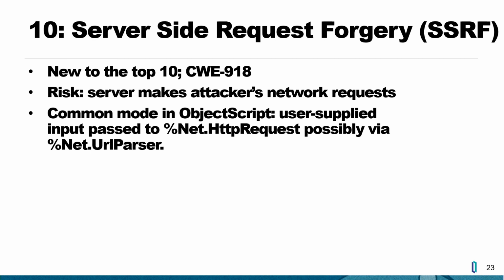And what this vulnerability looks like in IRIS generally is, think about a case where you take a URL as user input and you forget to validate the URL. Then you might parse it a bit, use %Net.URL parser, and then you make an HTTP request using %Net.HttpRequest.